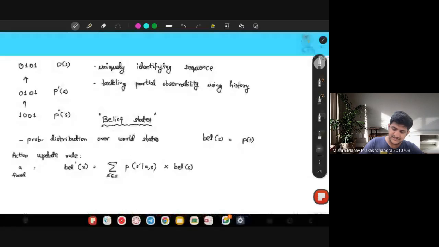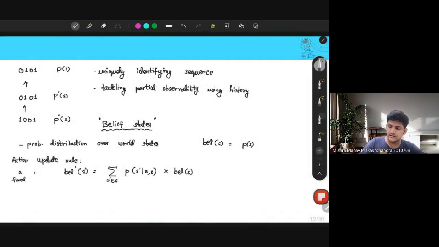I should change this here slightly. This is the action update rule.